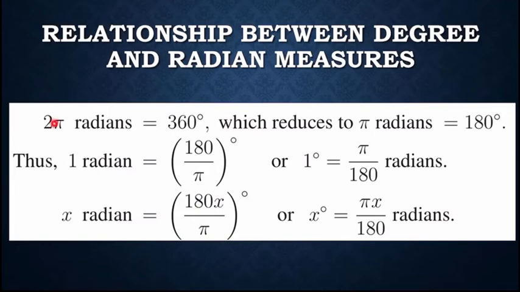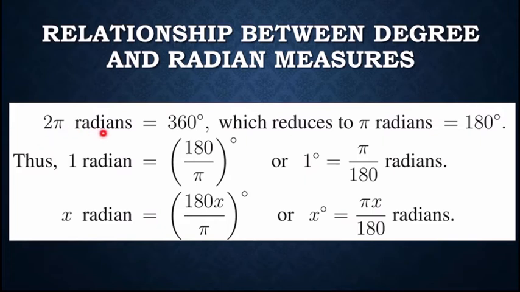Now we are going to see the relationship between degree and radian measures. 2 pi radians is equal to 360 degrees. How did you get this? I hope you have watched the enclosed video that is explaining radians. So 2 pi radians is equal to 360 degrees, and that implies pi radians is equal to 180 degrees. We can divide both sides by 2.